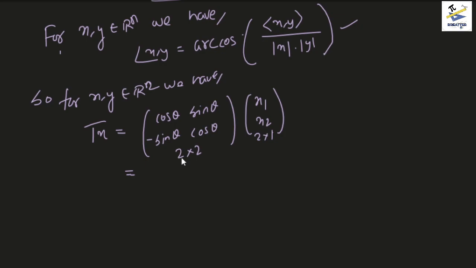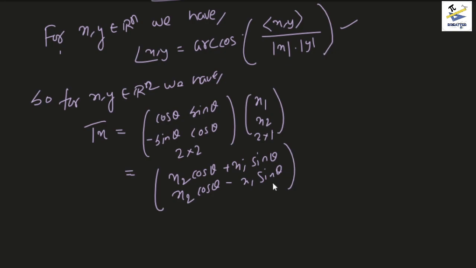So obviously the result would then be a 2 cross 1 matrix, which is x2 cos theta plus x1 sin theta, and x2 cos theta minus x1 sin theta.